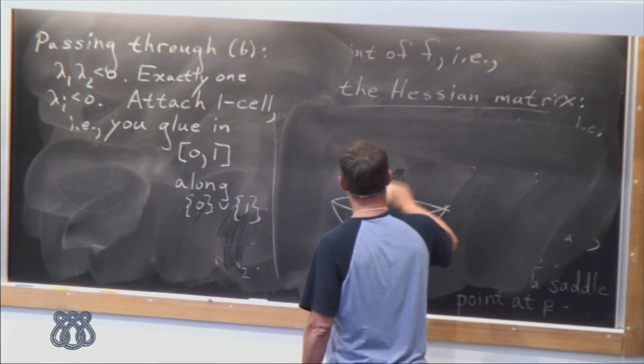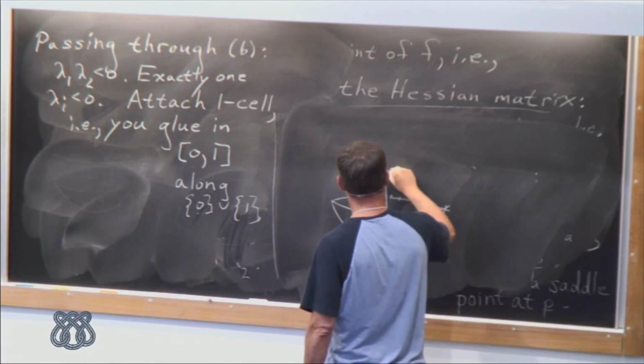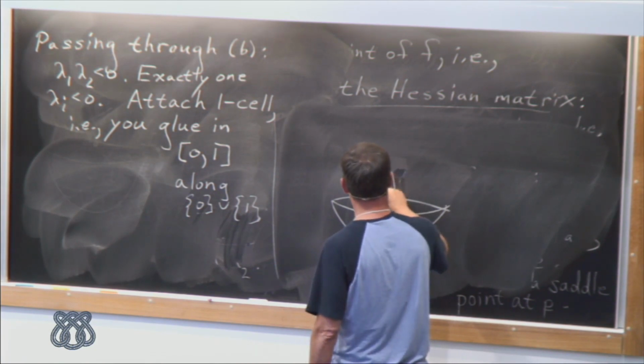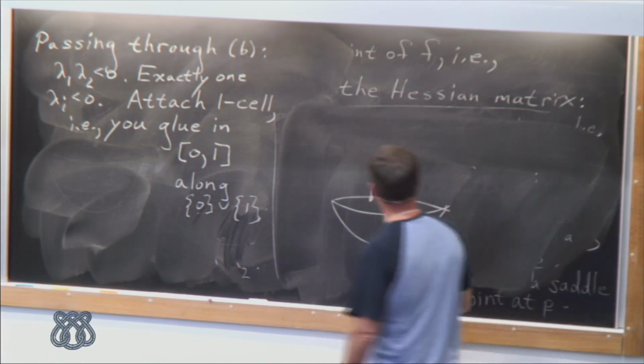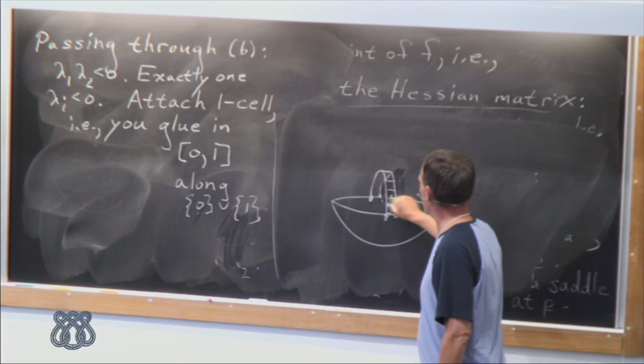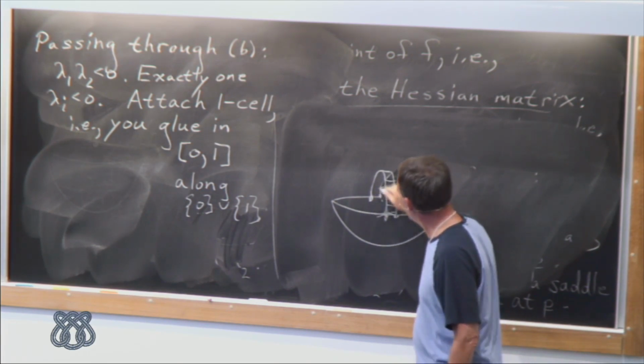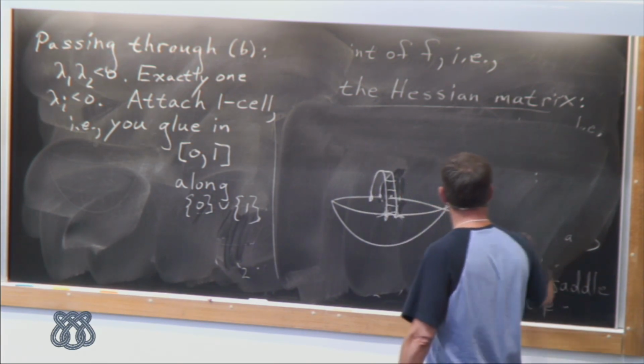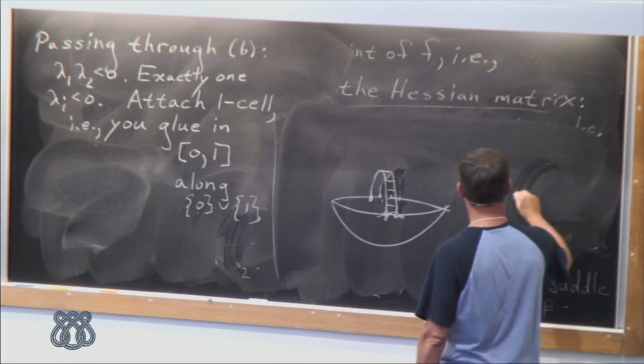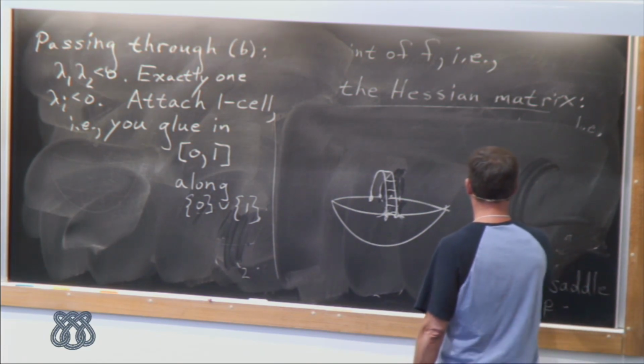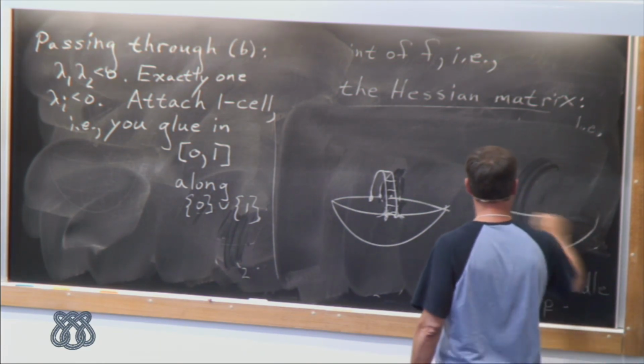That would look like this. It's the same as gluing in an entire strip, and then you can kind of smooth it here and smooth it here and end up with something that looks like what we think it should look like, more or less.